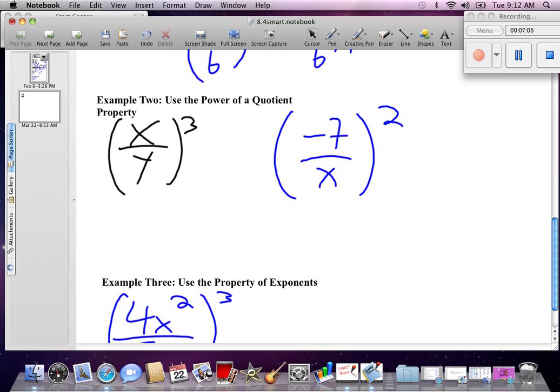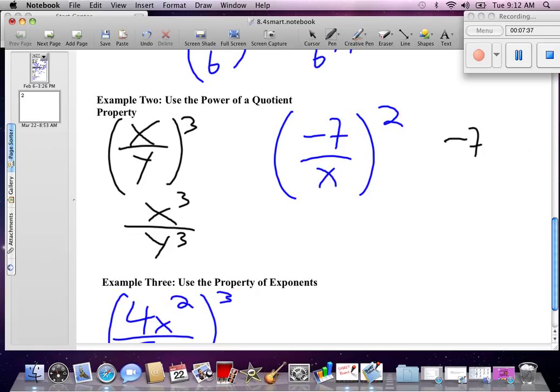X over y to the third power would give us x to the third power over y to the third power. Okay? So, CJ, for the one that's in blue, the second one, what would I do? Negative 7 to the what?